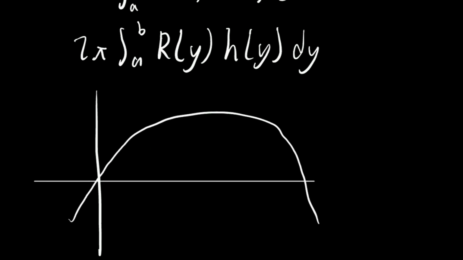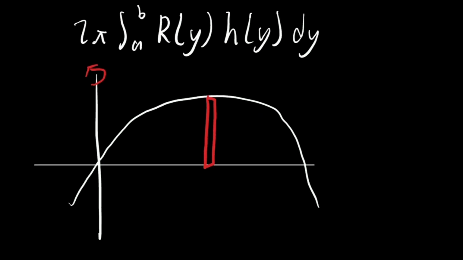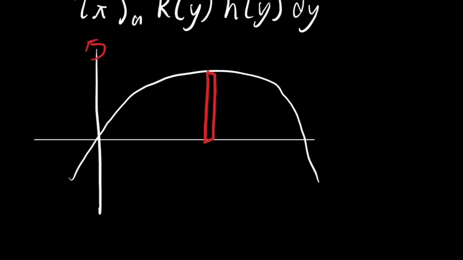Let's draw a little parabola for an example. So if we are rotating about the y-axis, then what a lot of people do is draw a rectangle to properly visualize it.